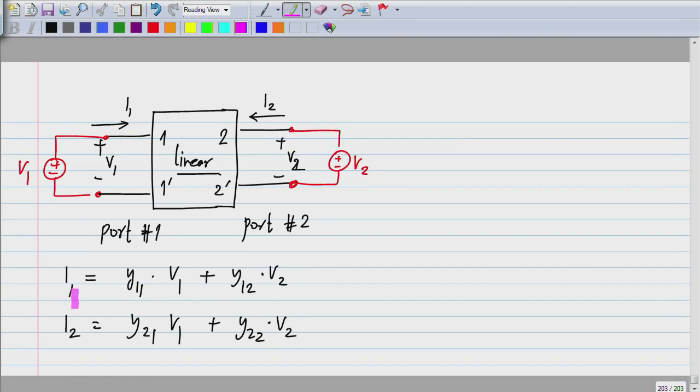So first of all, I'll take this part I1 and I'll take the first term of that, Y11 times V1. So if I have I1 equals Y11 times V1, and let me draw the two port here.